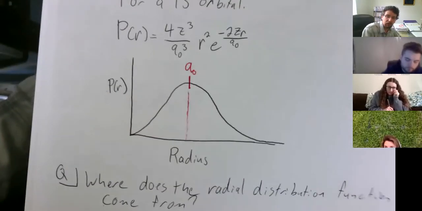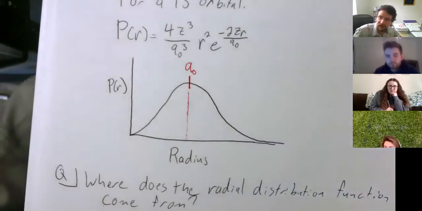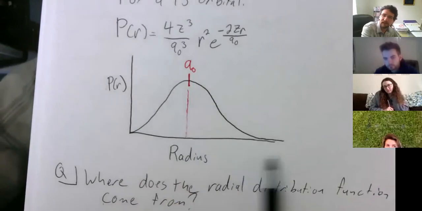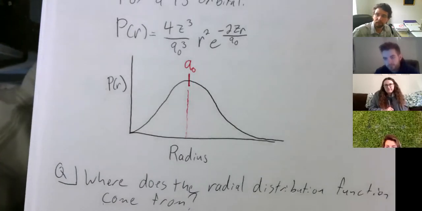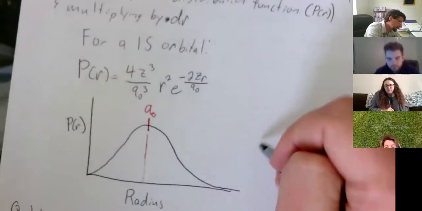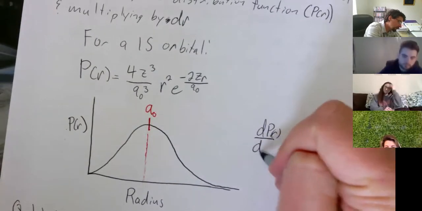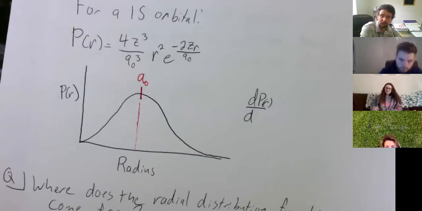We'll go back to that in a second, but let's just look at this plot for a moment. We already know what the value is, but let's say we didn't, and we were looking at this curve. How would you figure out the maximum of the curve? Take the derivative. So we would look at the derivative of that function, and what would we take the derivative with respect to? r.